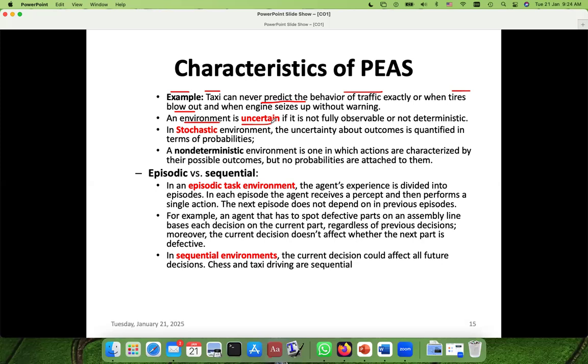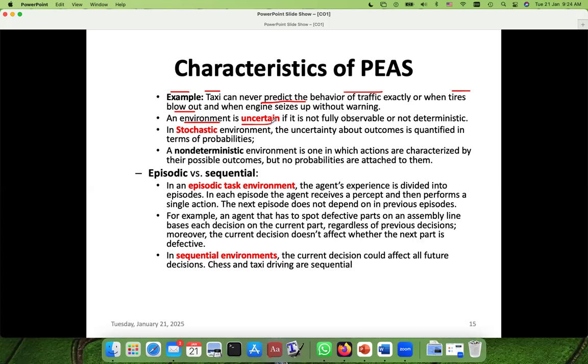And if it is not fully observable, it is not deterministic. So when the environment is uncertain, it means that you cannot calculate what is in the next state. Your agent cannot calculate the next state accurately if the environment is uncertain.